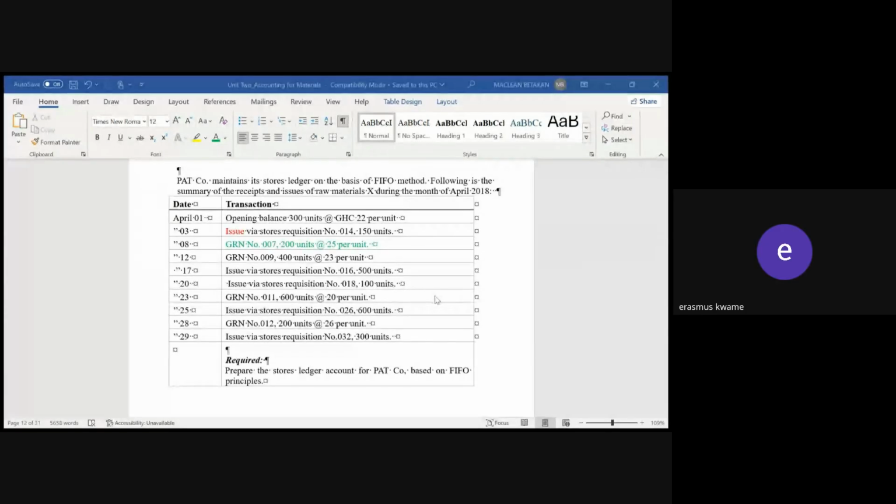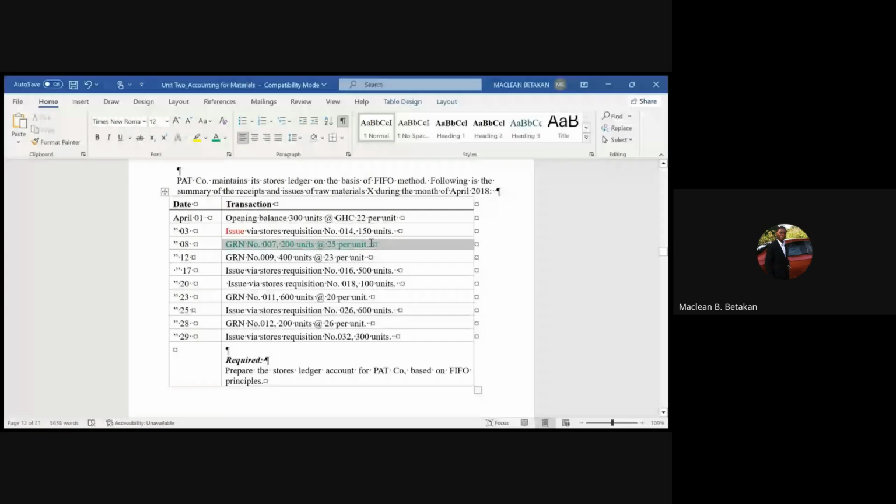So this one, is it issue? The GRN? Yes, GRN number, this is the goods receipt note. It's receipt: they are receiving it from the supplier.